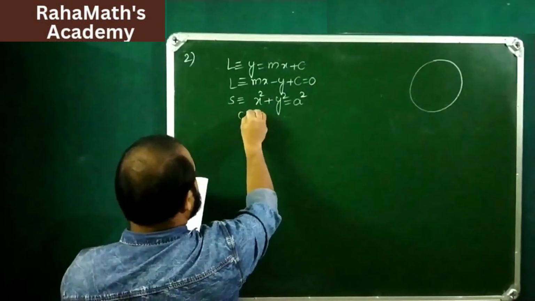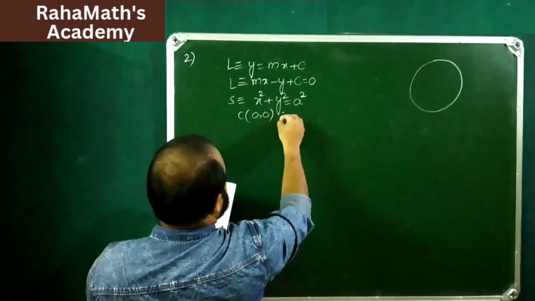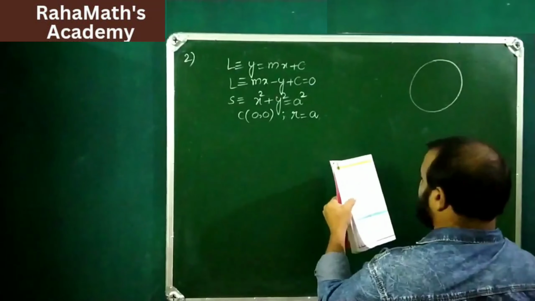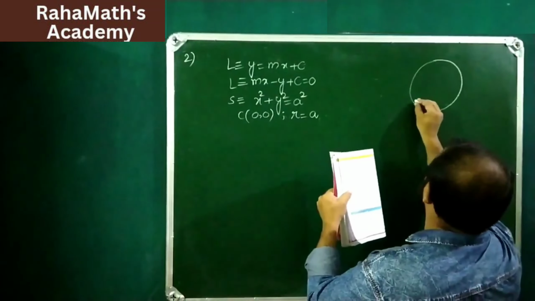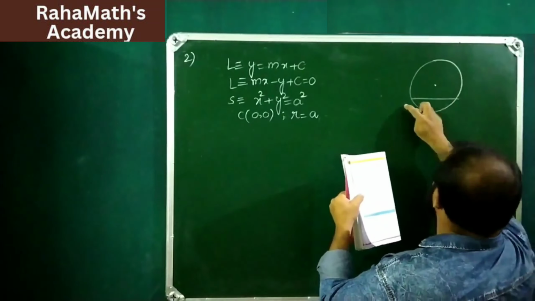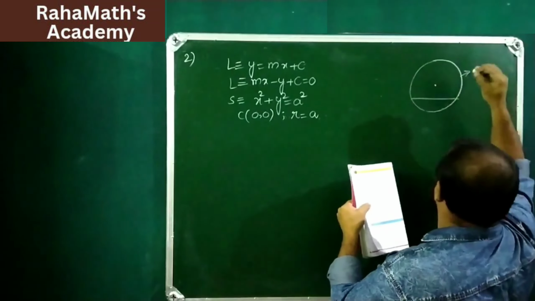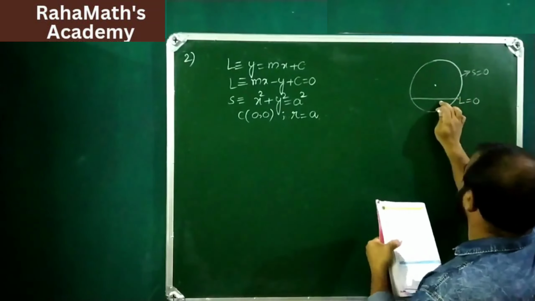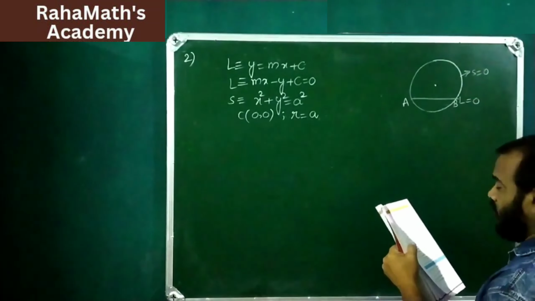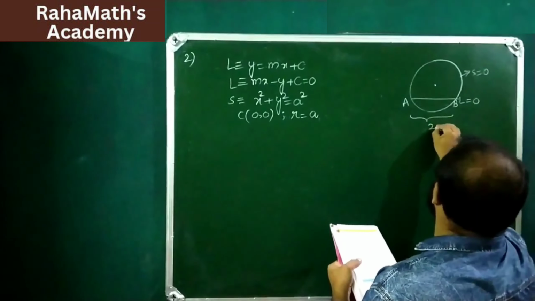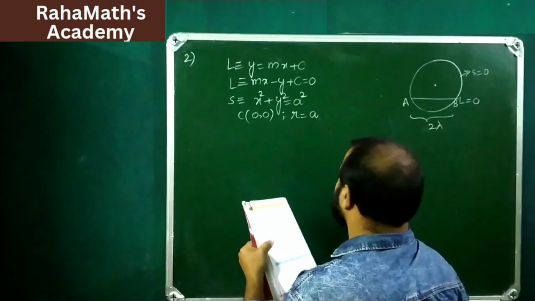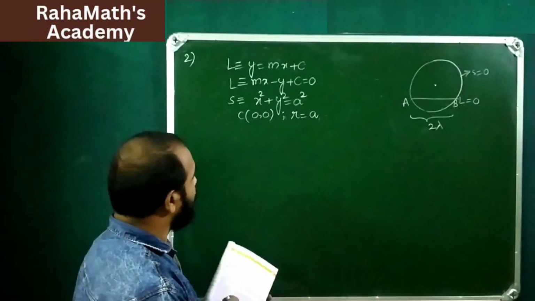For this circle, the center C is (0, 0) and the radius is a. This is the circle S equals 0, and this is L equals 0. This line intersects this circle at A and B. Given that AB is equal to 2 lambda, show that c squared is equal to something that we need to show.